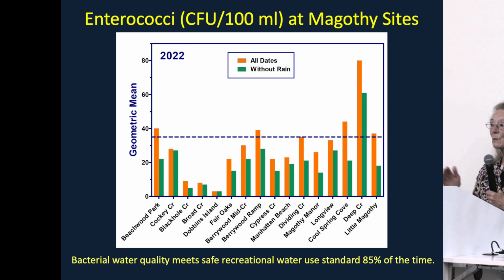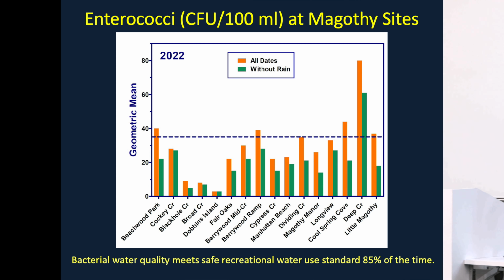But it does remind us, when we see those higher counts after the rain, those in orange versus green, that if we have had a heavy rain, and by that I mean anything more than half an inch, that's the cutoff for heavy rain, you can often just see the water looks terrible, and it is terrible.